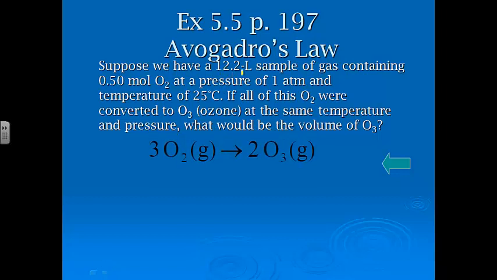Okay, so let's say we have a 12.2 liter sample of gas containing 0.50 moles, pressure of 1 atm, temperature of 25 degrees Celsius. If all of this oxygen was converted to ozone, at the same temperature and pressure. Okay, so that means we do not have to look at temperature. We do not have to look at pressure.